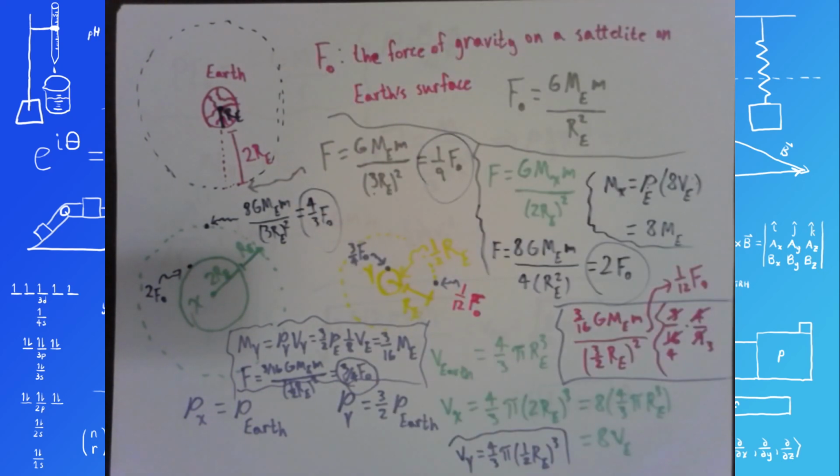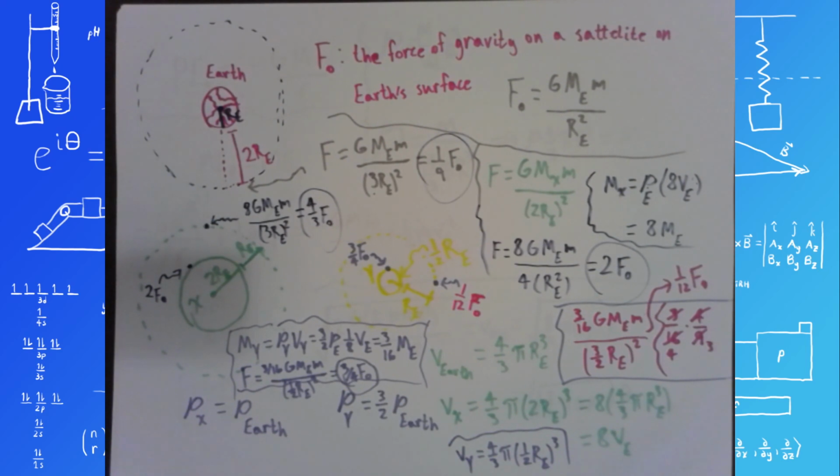You can say that F0 is the force of gravity on the surface of planet A, and then say planet B has, I don't know, X times the density of planet A and Y times the radius of planet A, and calculate what the force would be at different altitudes or on the surface of planet B. And there you go. You can just throw around numbers and do calculations based off of that.